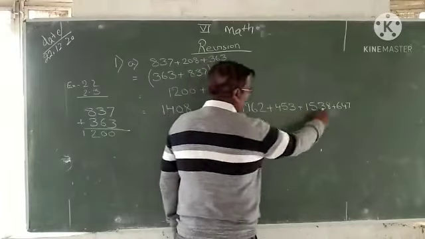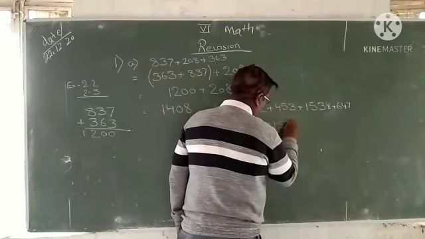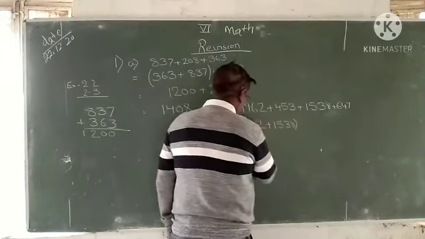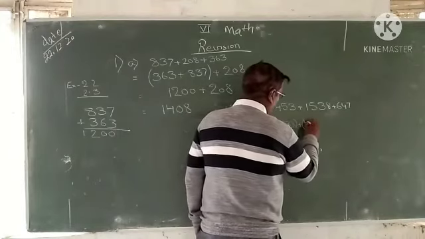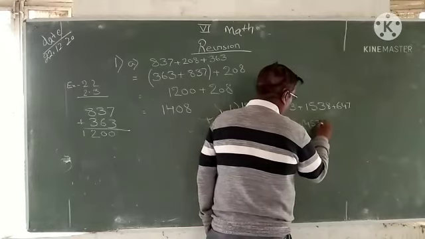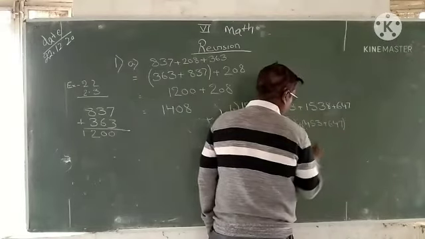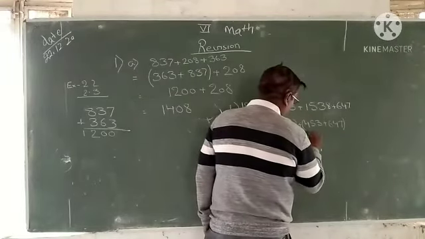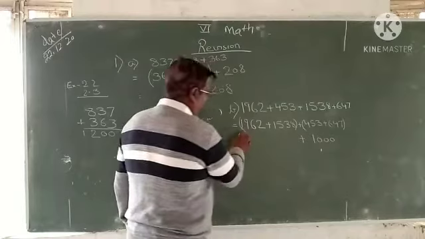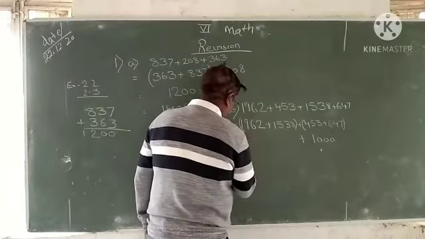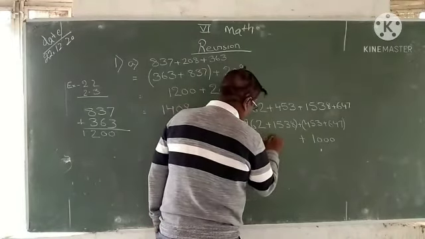1962: 2 plus 8, we all know that it comes as 0. The next one will be 453 plus 647. If we add, we will get 1000, and if we add this to 1962 and 1538 we get 3500.